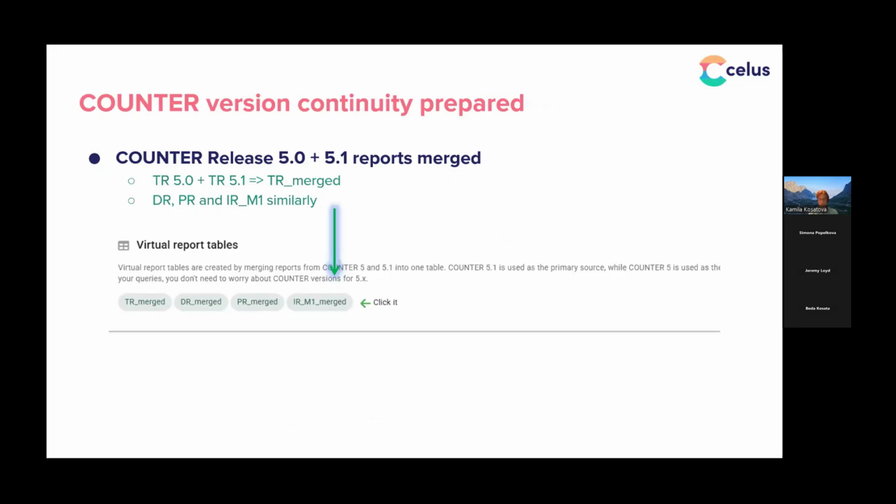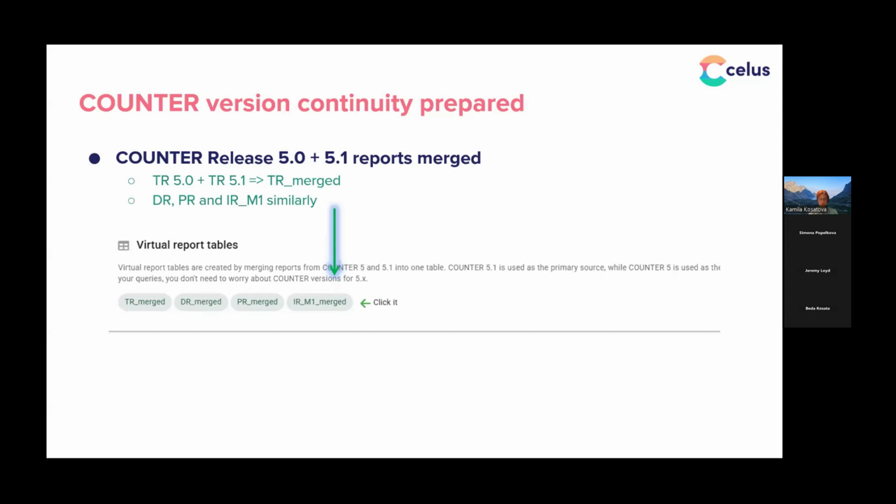The reports in release 5 and release 5.1 are available separately in the Data Hub, but they are also available as one merged report to enable you to access your data, whether it's in Counter 5 or Counter 5.1.